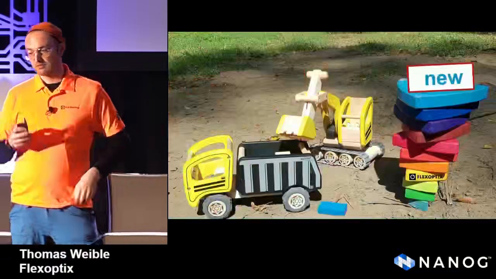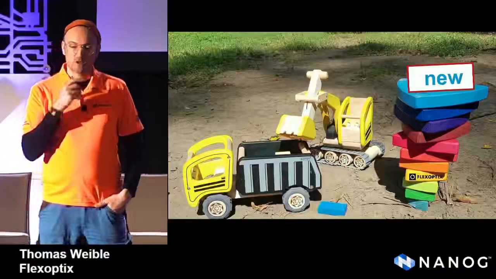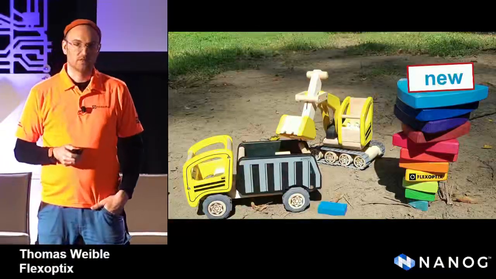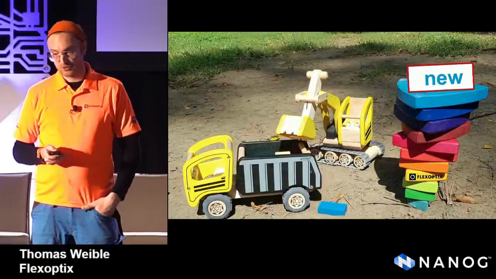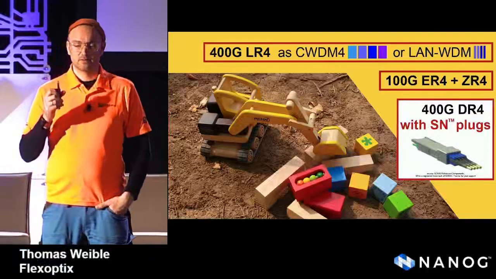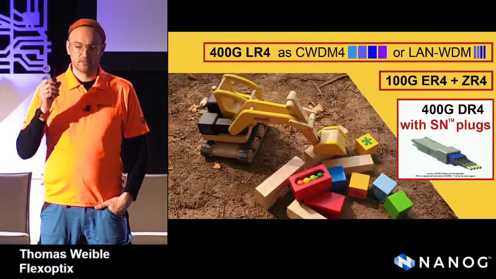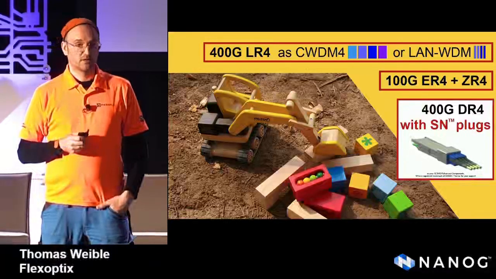This brings me to a small summary, also a small outlook on what will happen in 2020 in optical networking. For sure, 400 gigabit is a hot topic, but contrary to what people expect, LR4 is not standardized yet.